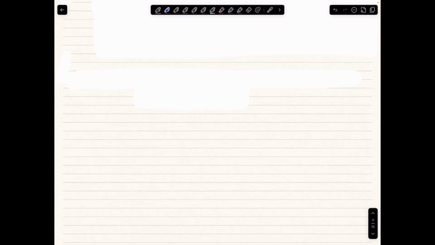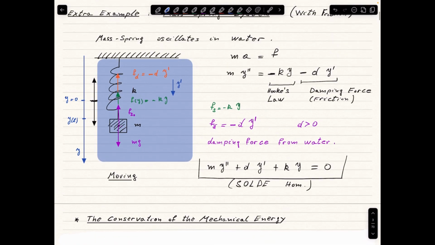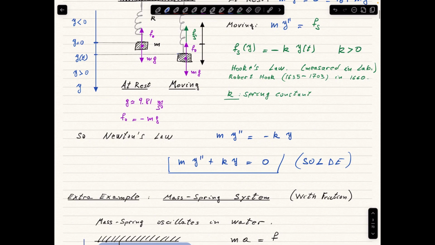So Newton's equation for a mass spring system with no friction. It's not the other case, it's this case here.